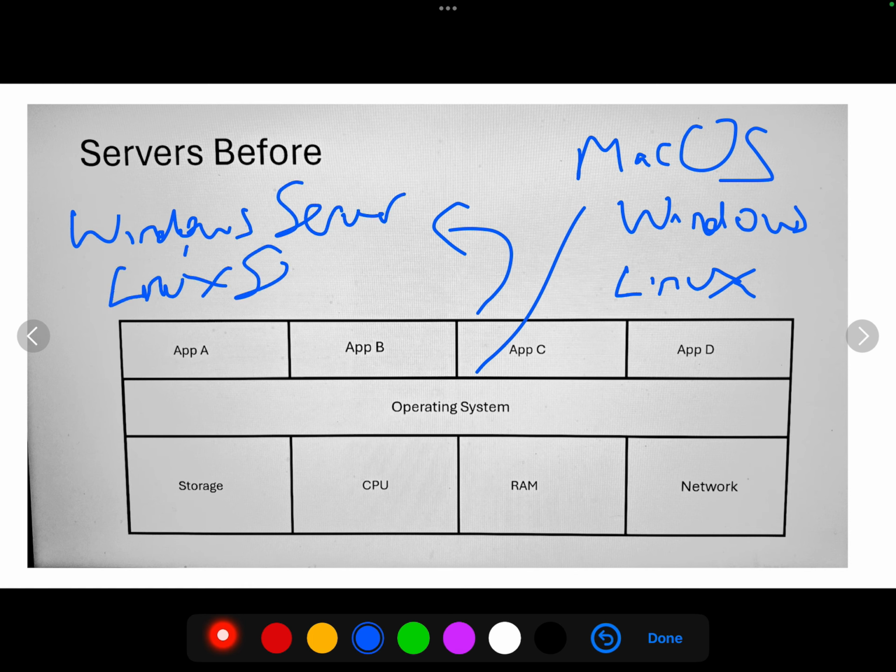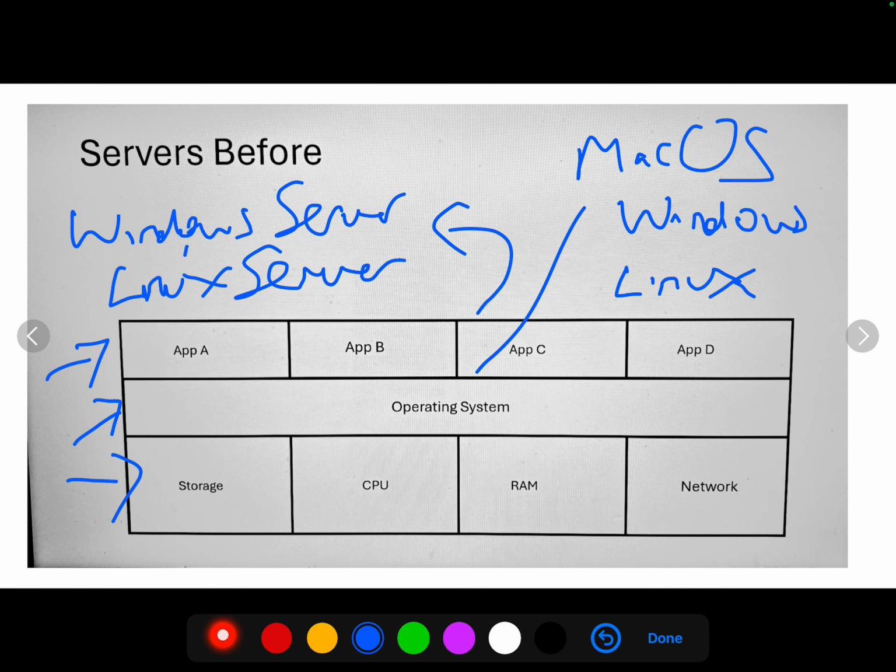Either way, even with desktop software, the concept is you've got the server resources, there's your operating system, and your application is running on top. Most likely you run server software, but that's how it was.